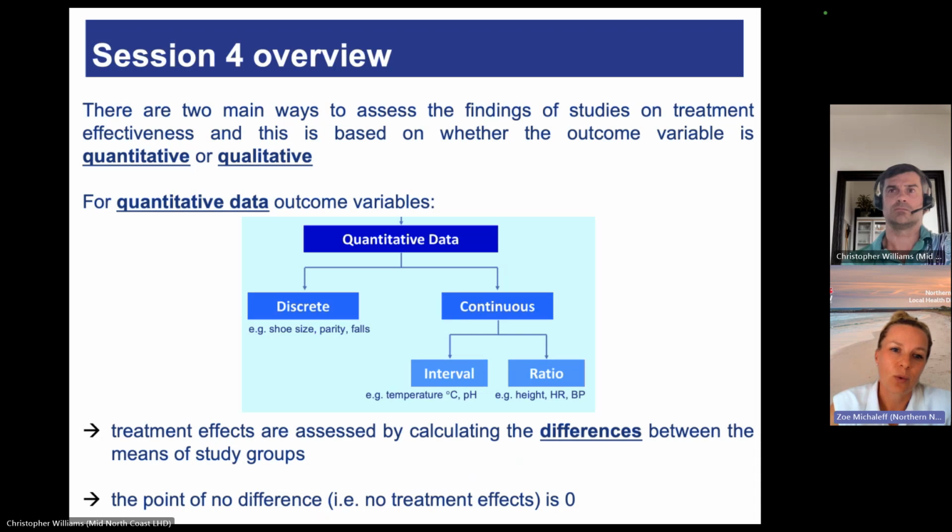And if this is quantitative data, so these are numbers, either whole numbers as discrete data or continuous numbers, such as maybe a pain scale, you calculate the difference between the 2 treatment groups, so calculate the difference between the average or the mean between those 2 study groups. And then you interpret the findings around the point of no difference, which in this case is 0.